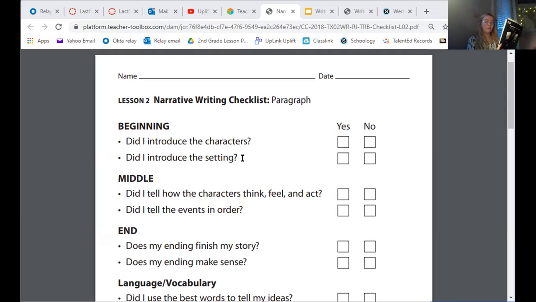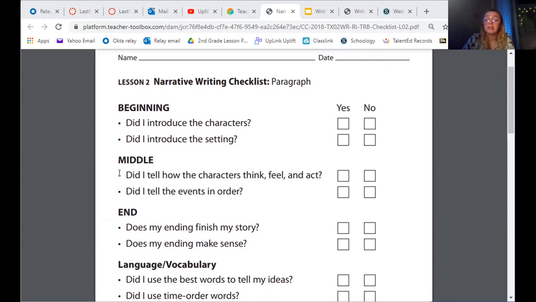Okay, so checking again, page 64. Did you talk about the setting? Where and when our story takes place? If the answer is no, take some time right now to edit it and make sure that you have the characters and the setting. Pause your video, fix your beginning, and then come back. We'll move on.